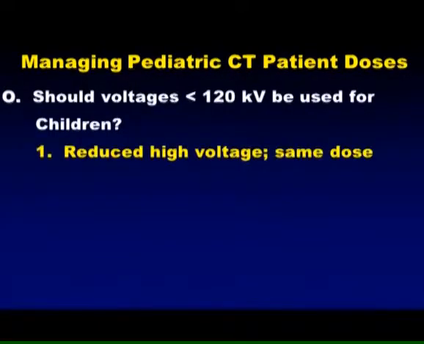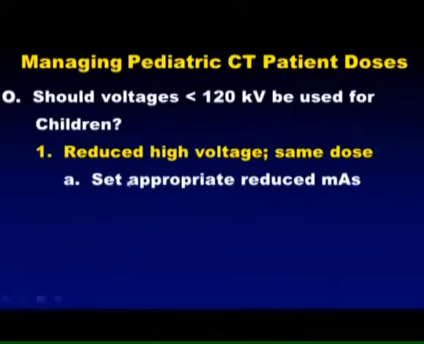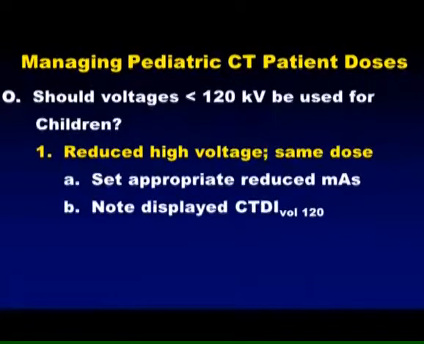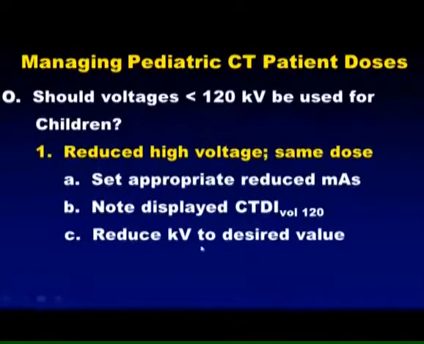Should I reduce the kV for pediatrics? Sure, I should. Here's a scheme where I can reduce the high voltage and keep the same dose to the patient. I set the appropriate reduced mass so that my dose is the same. That came from that table that's back on the Imagenologia website. I note the displayed CTDIvol at 120 on the scanner. I reduce the kV to the desired value.